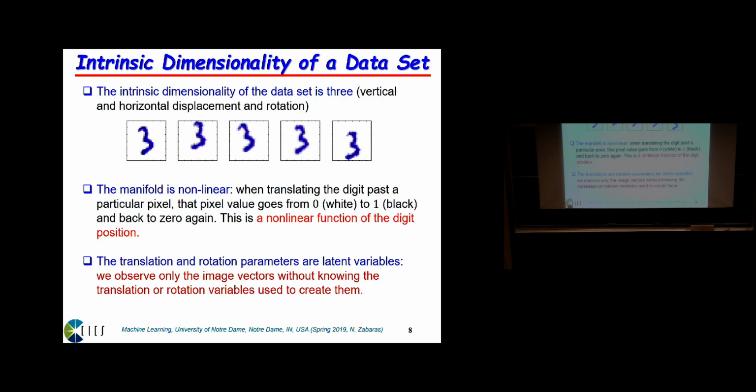But you don't really need these nonlinear manipulations to get a nonlinear manifold, because even if you take this image and translate it in X or Y directions, the manifold that you get is really nonlinear. If you take a pixel here that is white and move it to the right, suddenly it will become blue, and then if you move it a little bit more, it will become white again. So this manifold that we're trying to recognize is nonlinear.